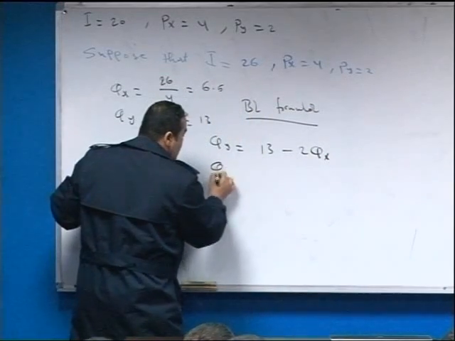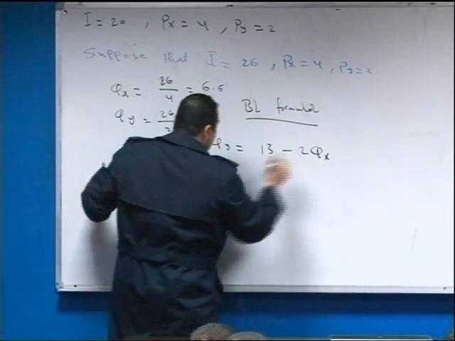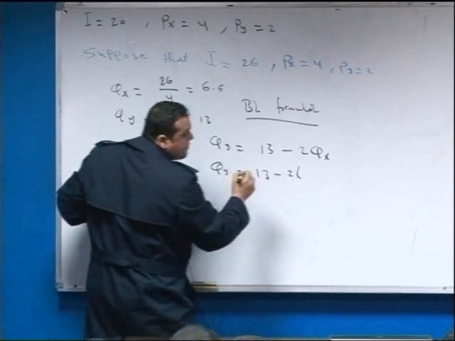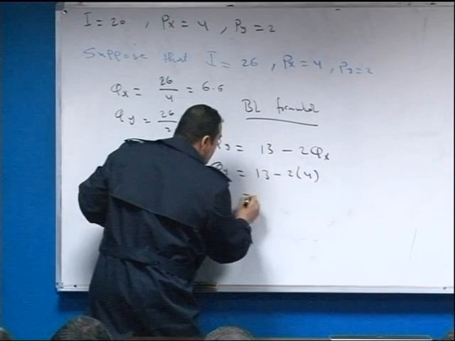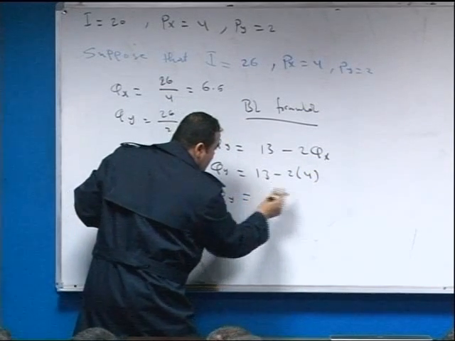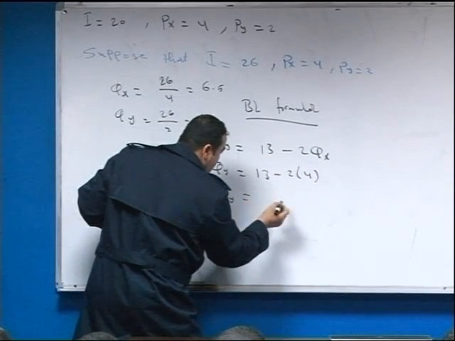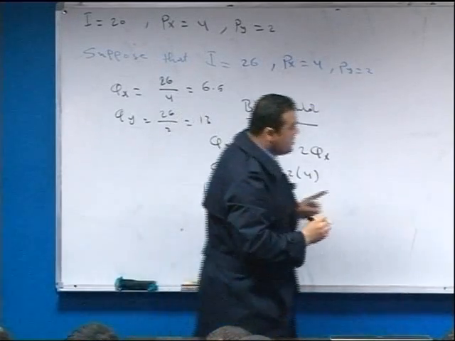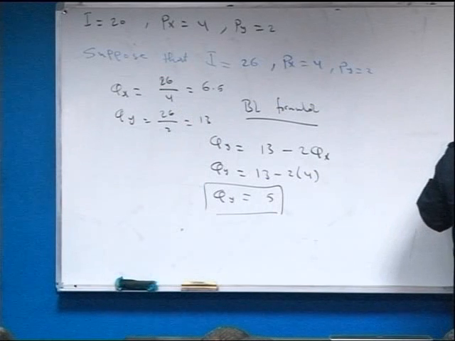So when QX equals 4, QY equals 13 minus 2 times 4. QY equals 13 minus 8, how much? 5. So in this case, the quantity of Y is 5.